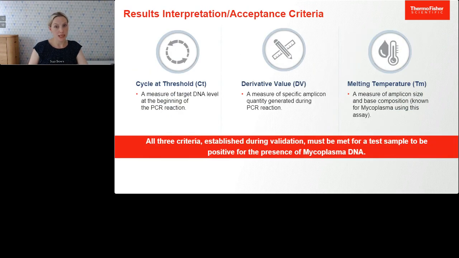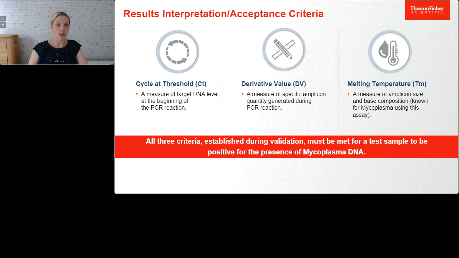As the Microseek assay is using SYBR Green detection, we can draw on 3 objective analysis parameters. So cycle threshold, to show the amount of target DNA present in your sample. And then derivative value and melting temperature can be determined by melt curve analysis. And this shows the size and amount of target amplicon that you're producing.